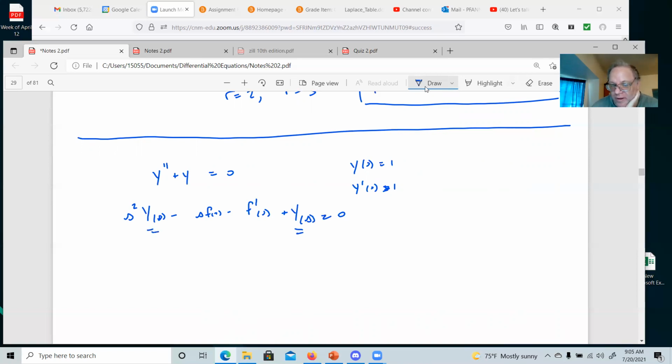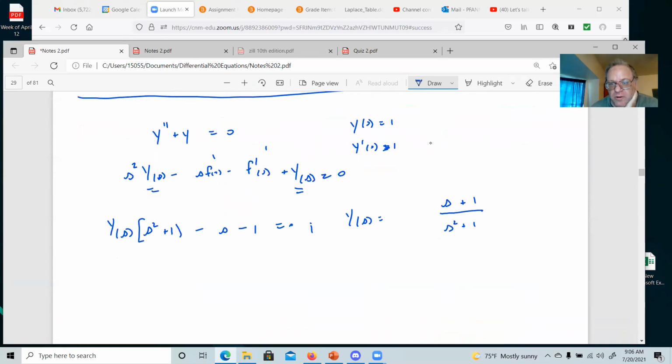Let's group our Y of s together. So we have Y of s times s squared plus 1, minus s minus 1 is equal to 0, because this was 1, this was 1. So what are we going to have? We have Y of s is equal to s plus 1 over s squared plus 1.